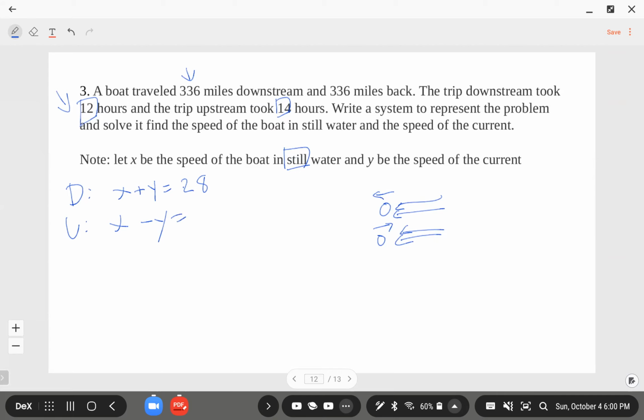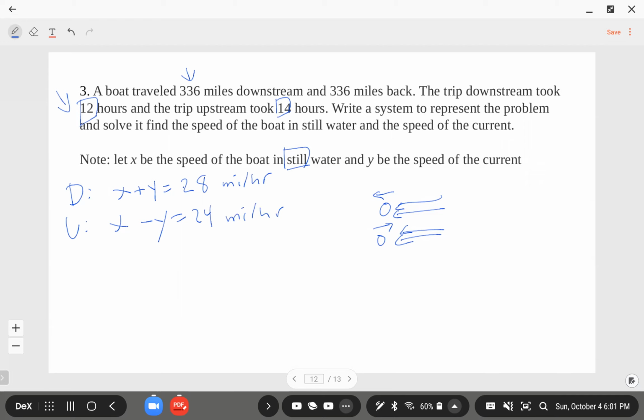So 336 divided by 14 should be 24. So this is going 28 miles per hour, and 24 miles per hour. So the upstream one is a bit slower.